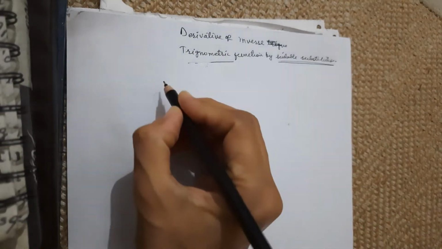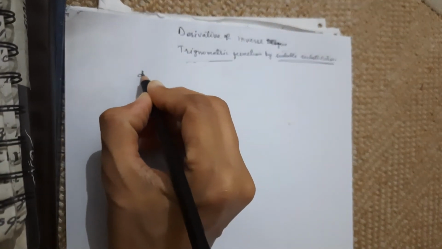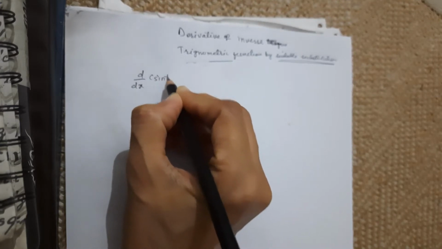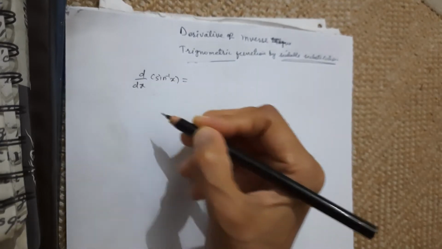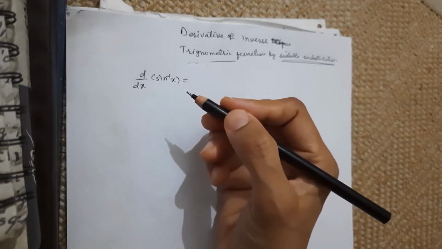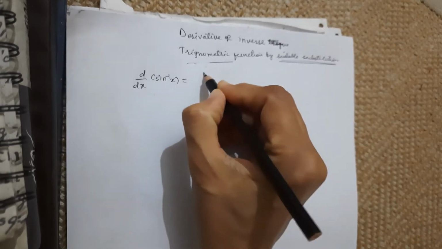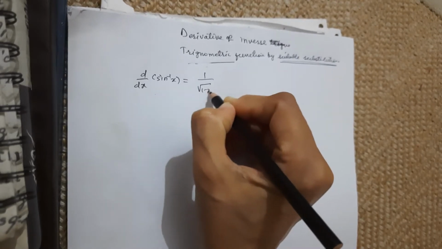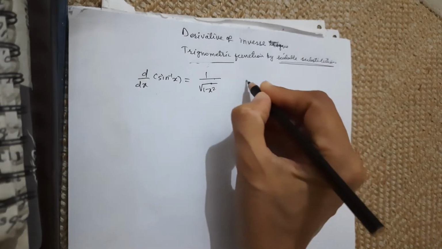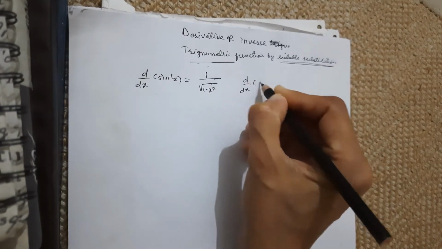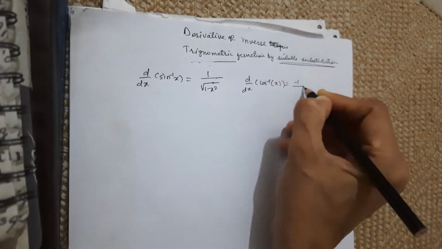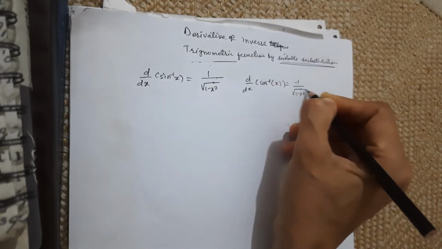By the standard formulas, we know that the derivative of sine inverse of x is 1 upon root 1 minus x square. Similarly, the derivative of cos inverse x is minus 1 upon root 1 minus x square.